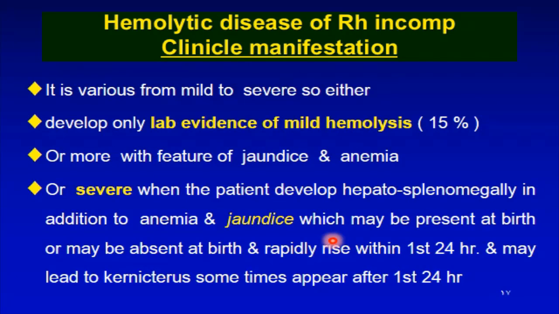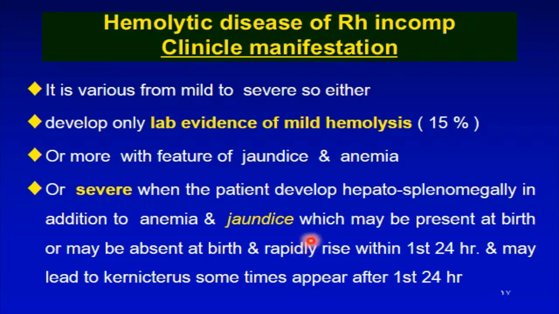Now, the clinical manifestation of erythroblastosis fetalis, or hemolytic disease of Rh incompatibility, varies from mild to severe. It may show only lab evidence of mild hemolysis in 15% of the cases, or more with features of jaundice and anemia, or more severe when the patient develops, in addition to anemia and jaundice, hepatosplenomegaly.